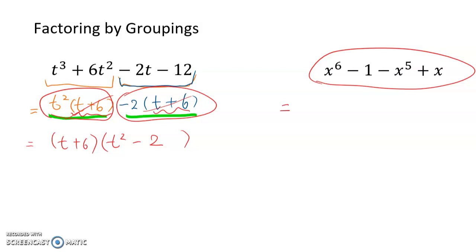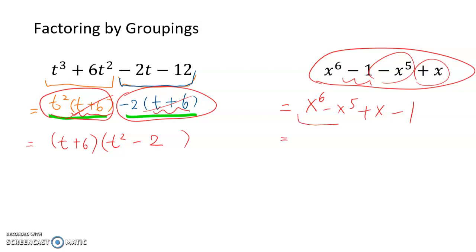So first I'm going to put them in descending order: x to the 6th first, then the second highest exponent for x is negative x to the 5th, then the next term is positive x, and the last term is negative 1. Now that it is in decreasing order, I can try to factor it by grouping.